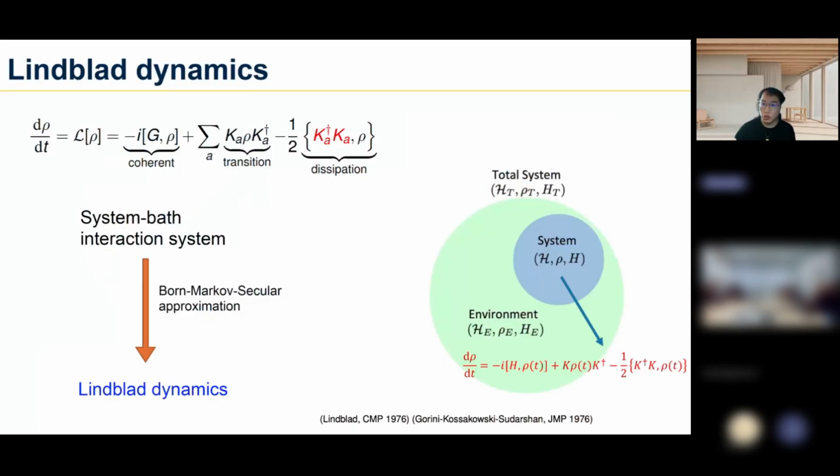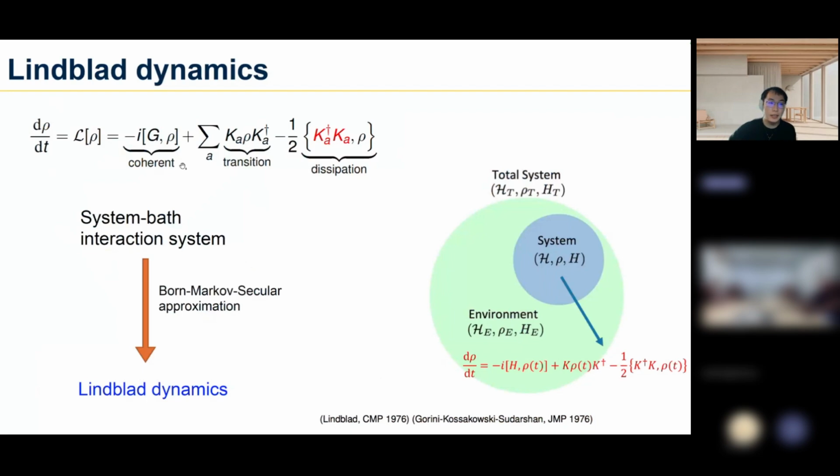So in the literature, we can show that the Lindblad dynamics is an approximation to the open quantum system. In fact, using the Born, Markov, and secular approximation, we can show that the system density operator from my open quantum system can be approximated by the solutions of the Lindblad dynamics.